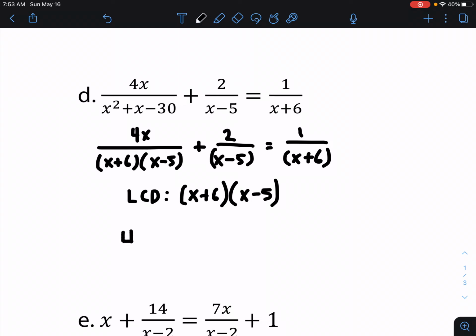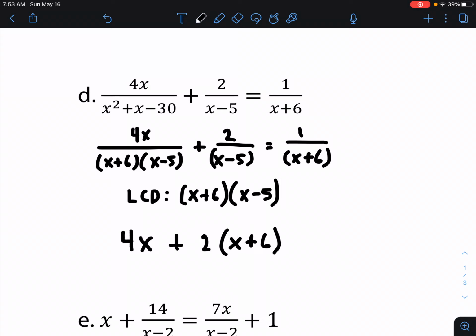So my first fraction is just going to become 4x. The second fraction I have to multiply by that whole thing, and the x minus 5 will cancel. So another way to think about it is, what do I need to do to turn that denominator into the LCD? Well, I have to multiply by x plus 6. So that means the numerator needs to be multiplied by x plus 6.